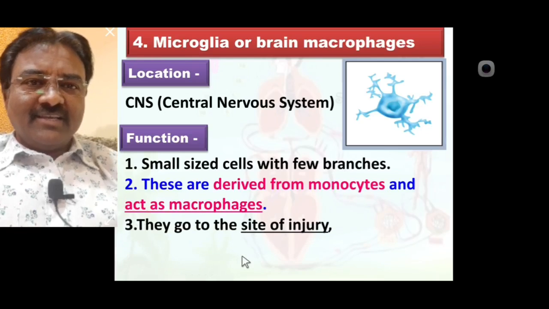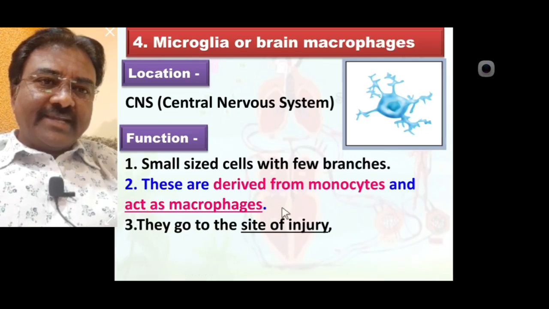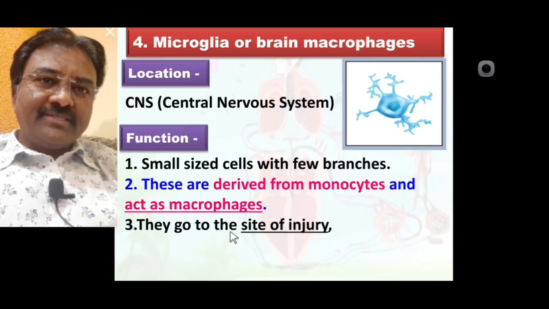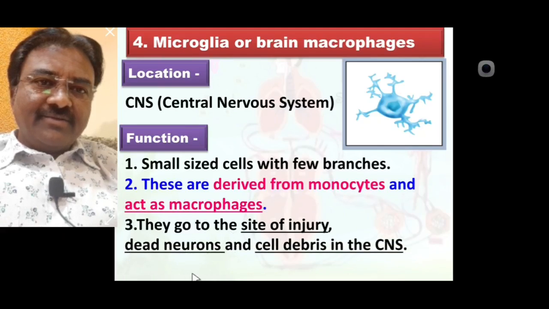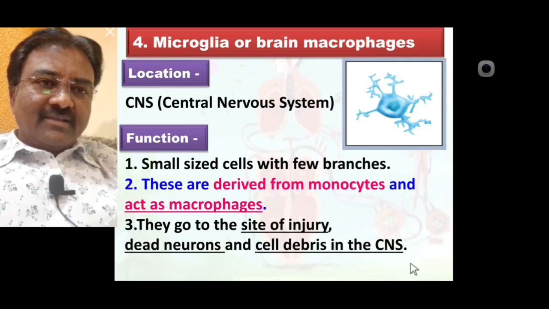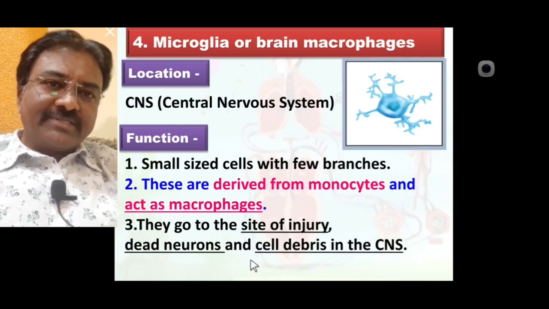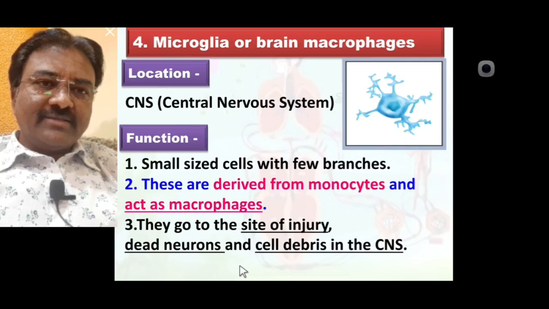Third function, they go to the site of injury, means microglia cells go to the site of injury in the brain. Dead neurons and cell debris in the CNS are cleared by phagocytosis. This is the most important function performed by microglia.